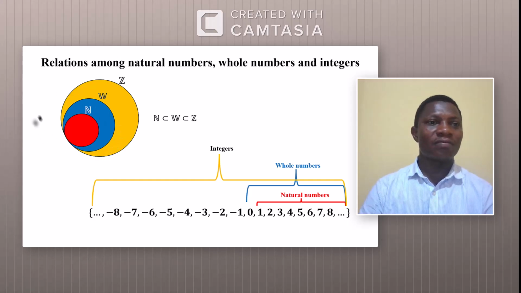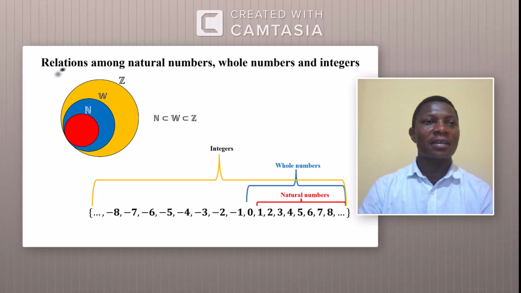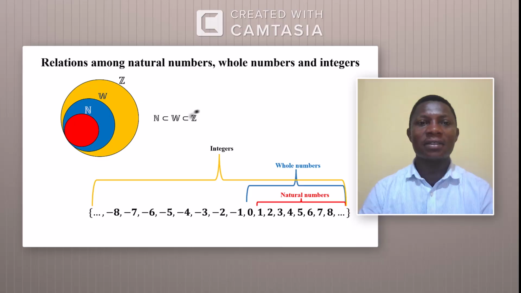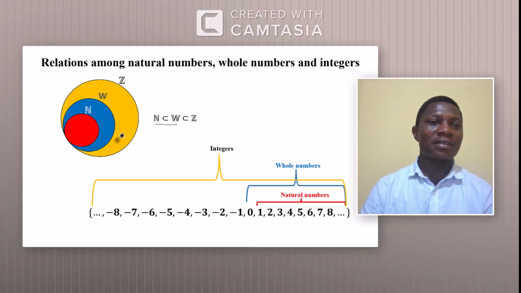Now this diagram or two diagrams here give more explanation to what we have already discussed, the relations among natural numbers, whole numbers, and integers. So natural numbers are subsets of whole numbers, and whole numbers are also subsets of integers. It means both whole numbers and natural numbers are all subsets of integers. So let's look at these circles here.